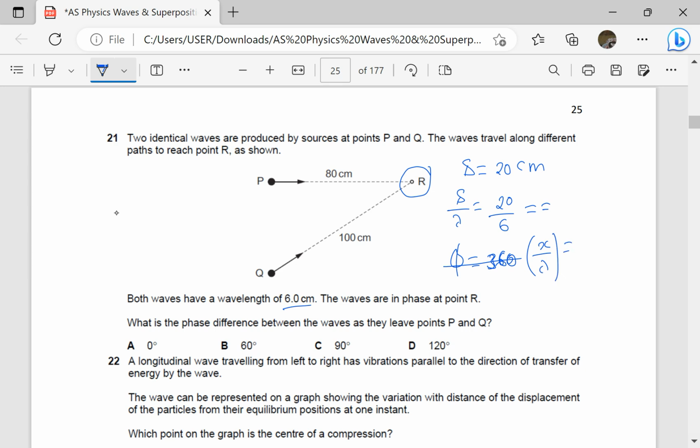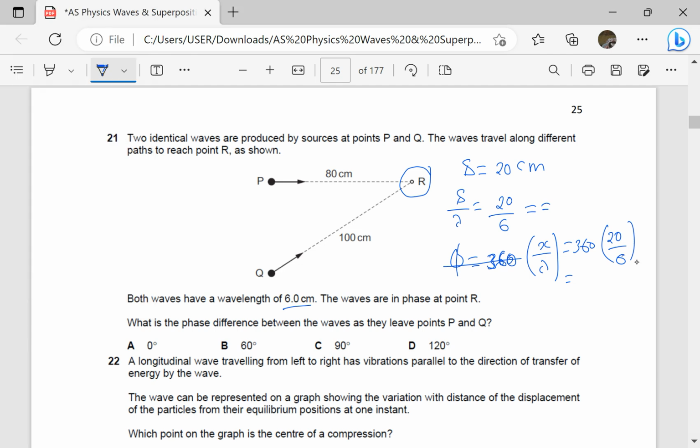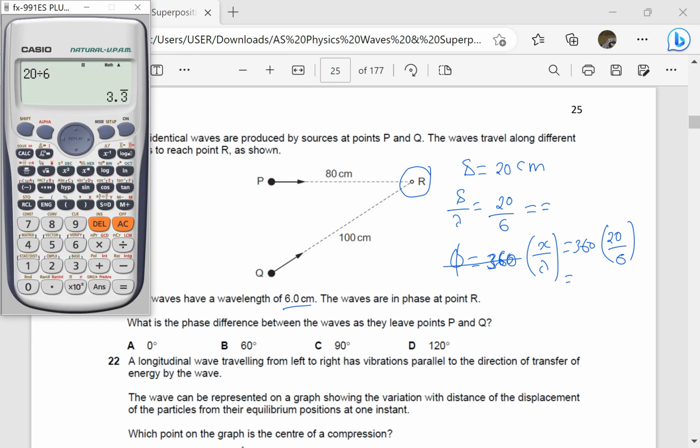Let's check this. This will be 360 times x, the distance out of step, which is going to be 20 centimeters divided by the wavelength, which is 6. So we can check. This is going to be 360 times 20 divided by 6.